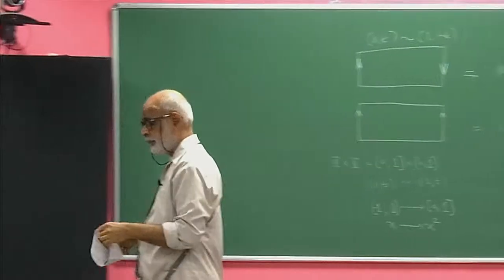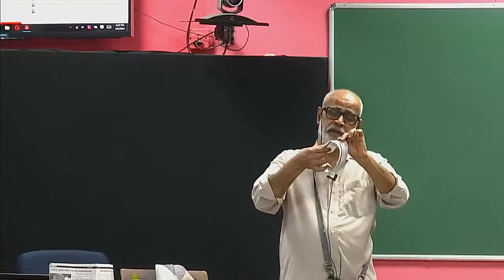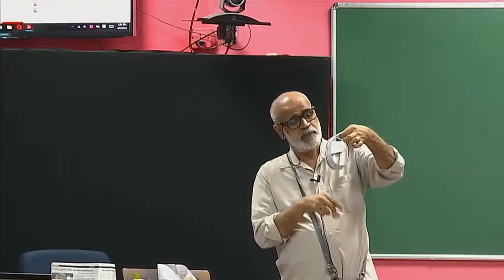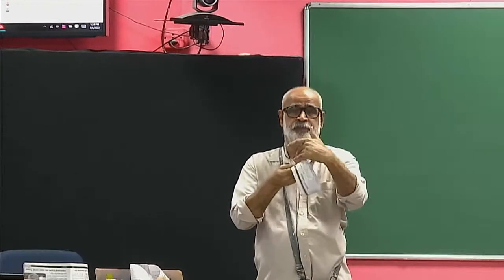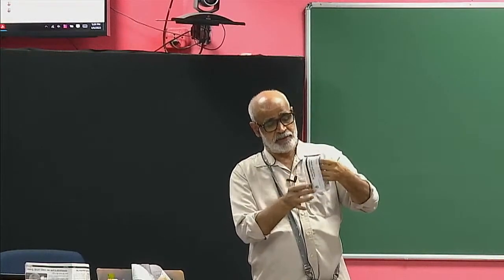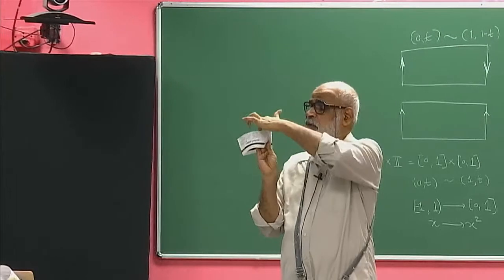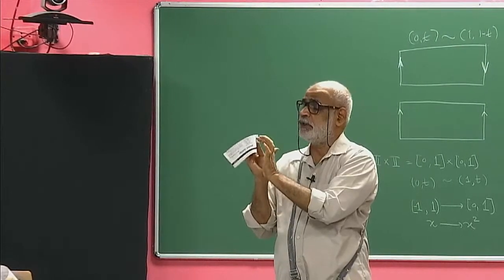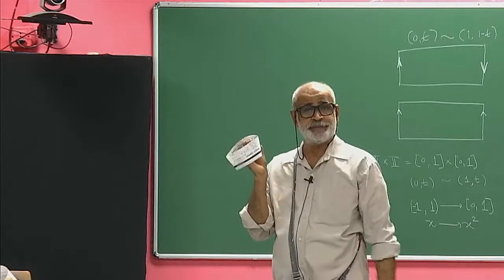Okay, and then look at this one. This has some inside here and an outside here, right? So there is an inside and an outside, in the sense that if some ant is here, it cannot go to this side unless it crosses the edges. Somewhere it has to cross the edge.